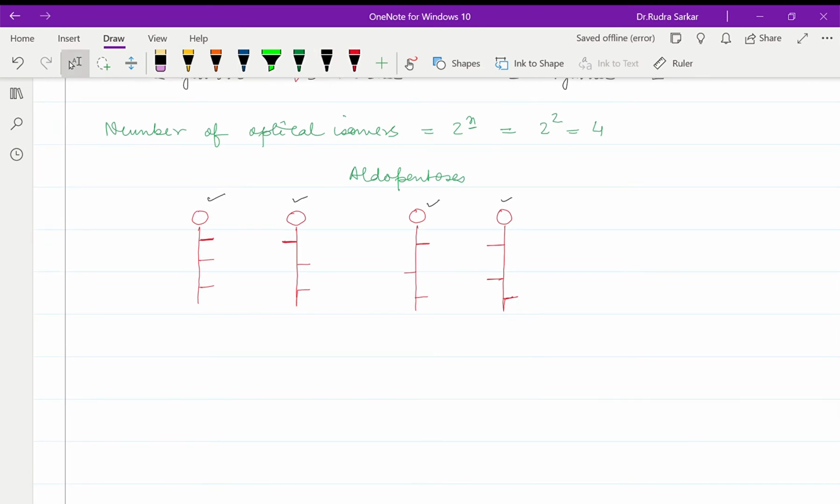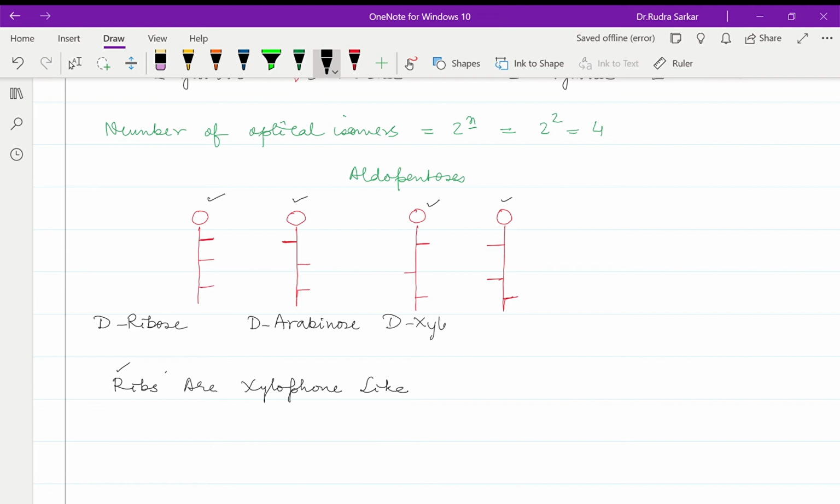Okay, the best way of remembering this is to remember this mnemonic, which is called "ribs are xylophone", where ribs means this is called D-ribose, that is ribs means ribose, this is called D-arabinose, this is your D-xylose, and that is your D-lyxose.